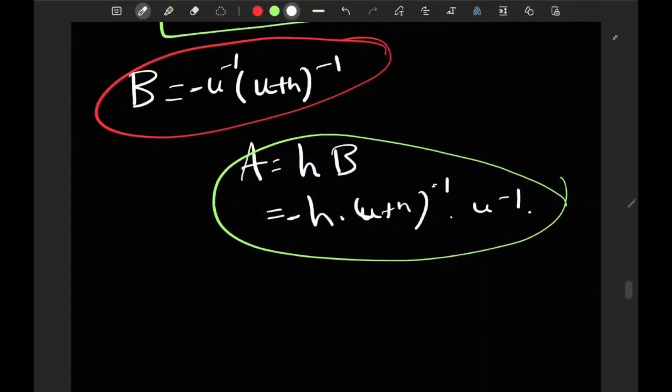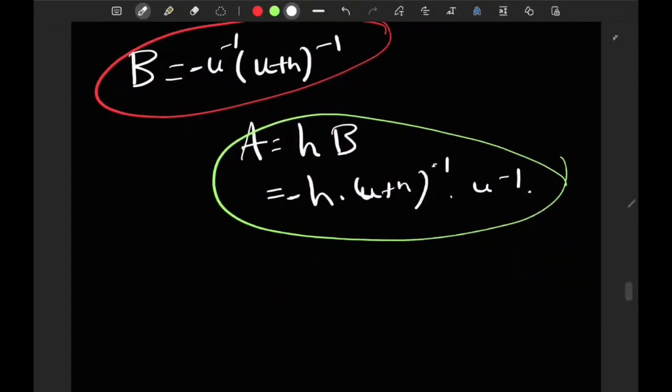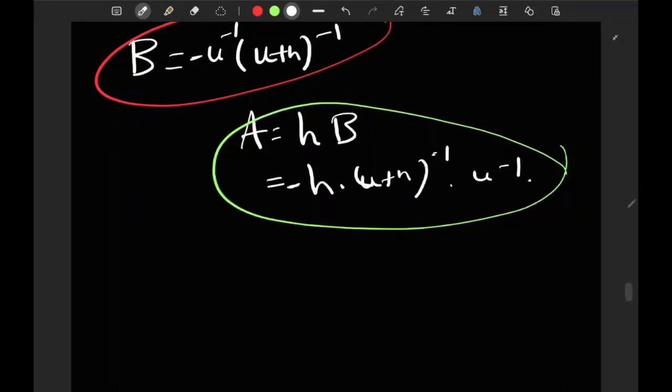We're going to see that the appropriate thing to do here is, of course, to subtract something that looks like this.